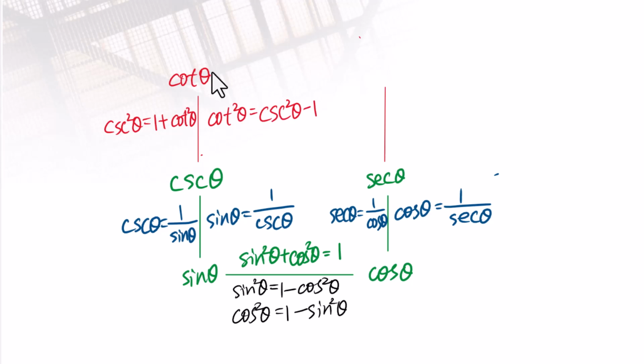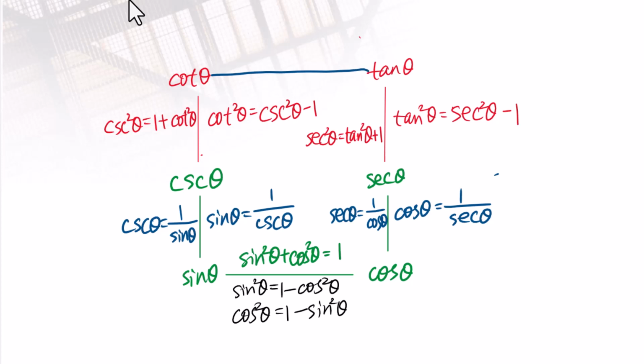From secant theta, we can get tangent theta because secant squared theta equals tangent squared theta plus 1, while tangent squared theta equals secant squared theta minus 1. From cotangent theta, we can get tangent theta. Cotangent theta equals 1 over tangent theta, while tangent theta equals 1 over cotangent theta.